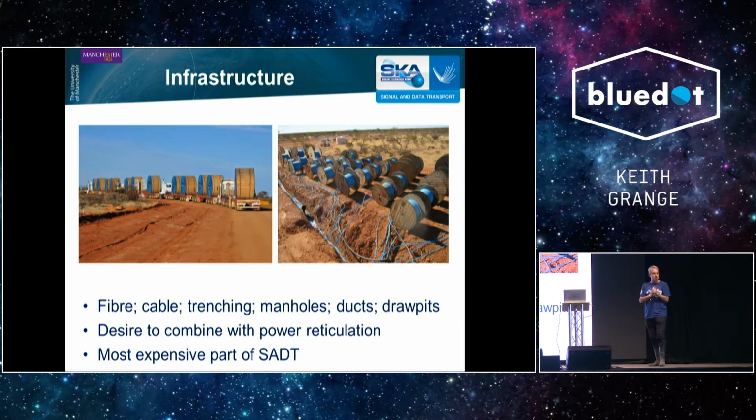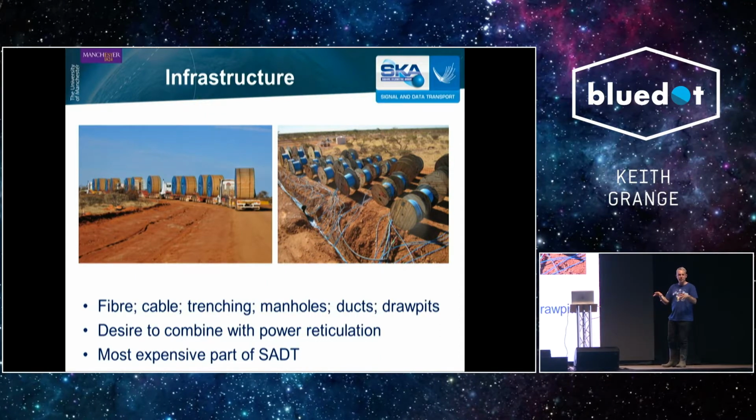What always strikes me as slightly odd is that of all the things that I'm going to be telling you about the design of the signal and data transport, the digging holes and putting glass into it is by far and away the most expensive bit, which just seems wrong compared to all the really cunning, high-tech stuff which allows you to do a third of an internet's transport.